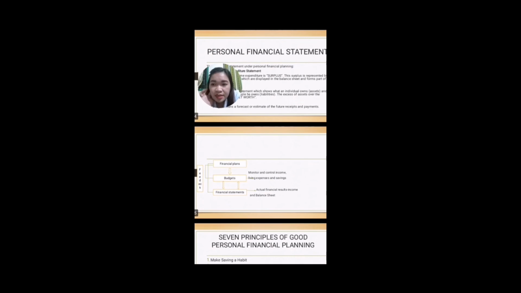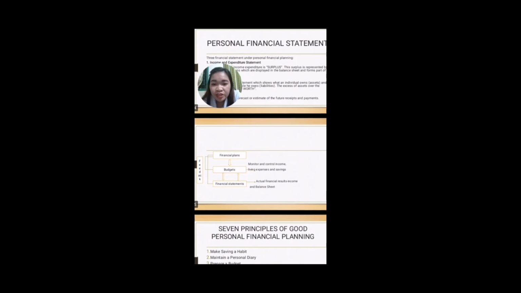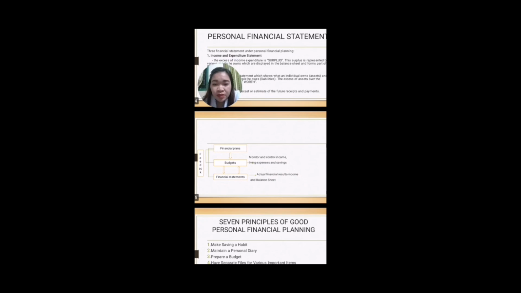Financial planning, budgets, financial statement, no? So, when we talk about budget, mao ni siya ang control of income, living expenses, mga savings, mga gasto. So, financial statement pod, mao ni siya ang actual financial results, income, and balance sheet. No, mao ni siya sa financial statement.